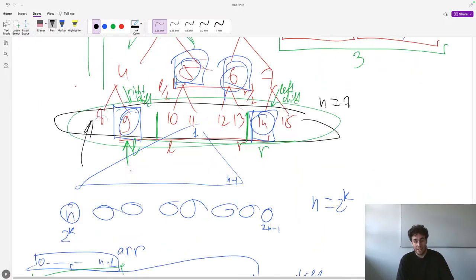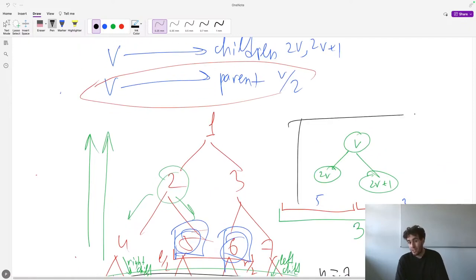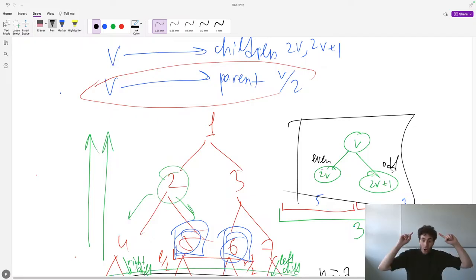Yes, it depends on parity. Because of this picture, this is 2v, so this is even, and this is odd. So it's always true that my left child is always even and my right child is always odd.